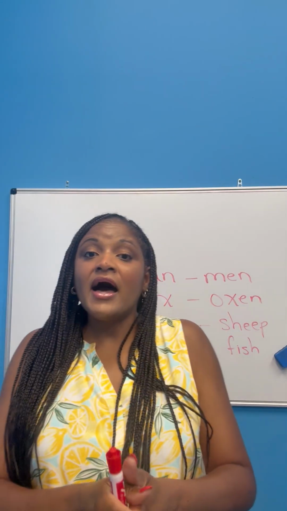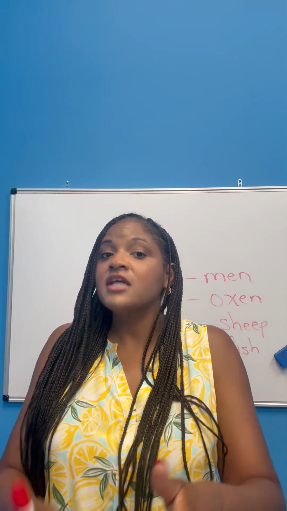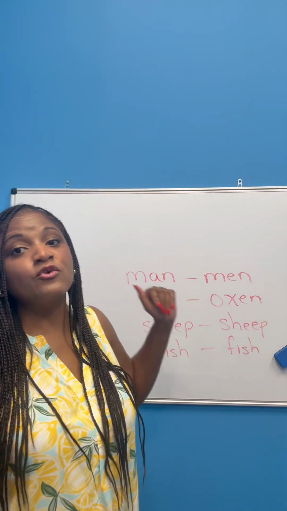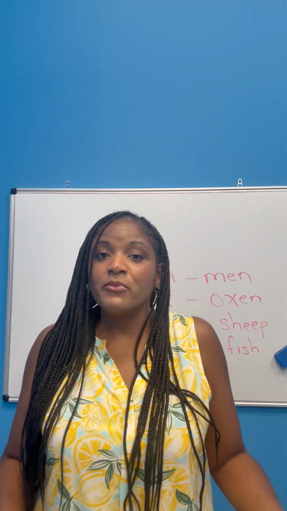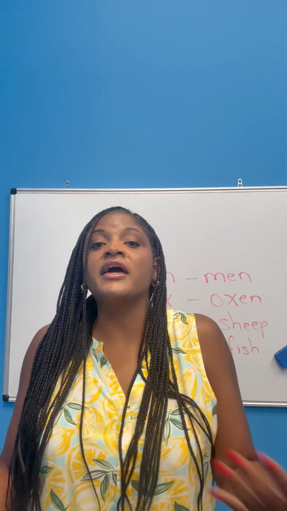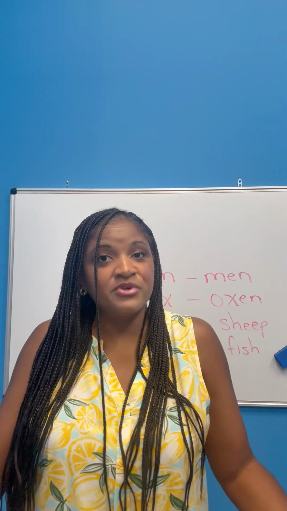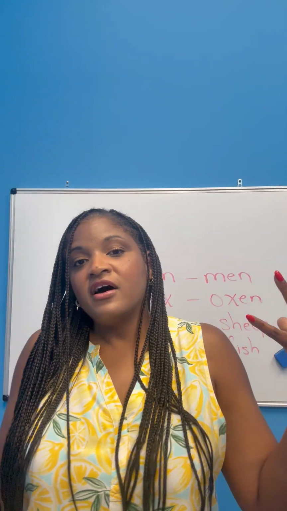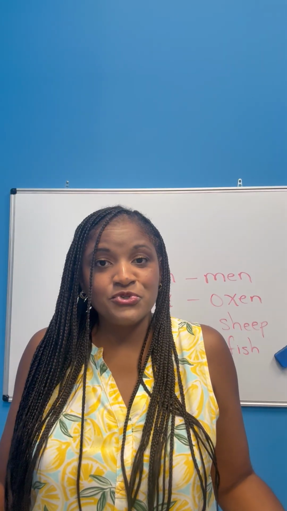Or if it ends in a Y, you change the Y to an I and you also add ES if it's a consonant Y. And then there's the irregular ones that you are just going to have to learn and practice and memorize and read. Reading is a good way to learn new rules because you'll see that a lot in books as you read. And those patterns or the spelling will become very natural and normal to you.